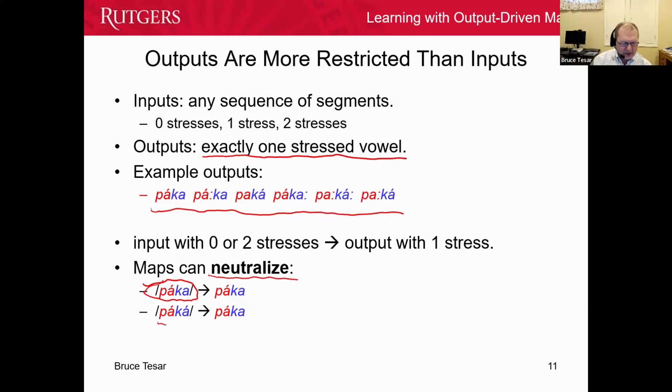We could also have an input with two short vowels that are both stressed underlyingly, and a particular phonology might make that surface as just stress on the root. So two different inputs underlyingly, but they're surfacing with the same pronunciation. For that particular phonology, those two inputs are neutralized to the same output.